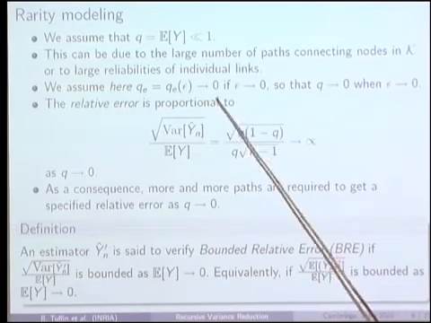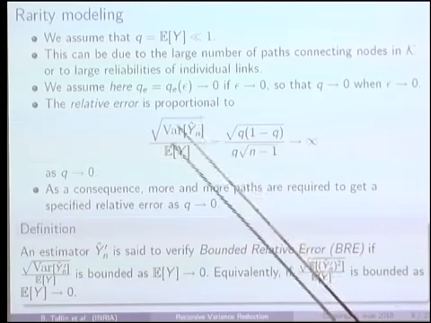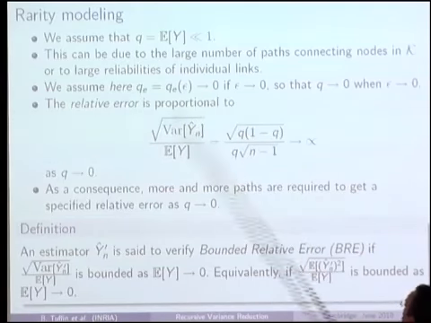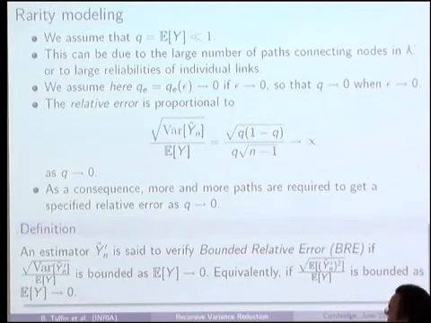When epsilon goes to 0, then unreliabilities also of all individual links go to 0 in different ways. And in that situation, the global unreliability also goes to 0.